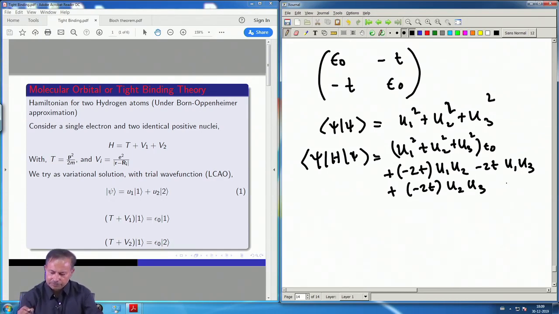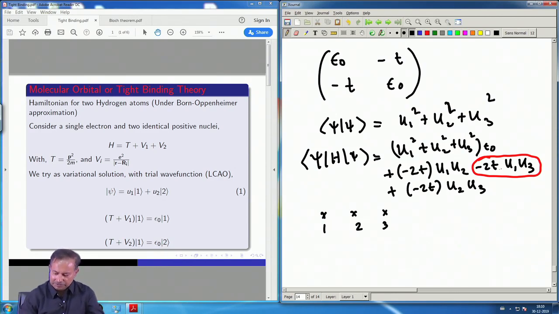Okay. Now, if you look at this term, remember I had a lattice with 1, 2, 3.